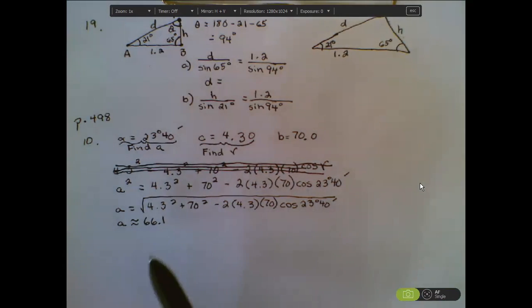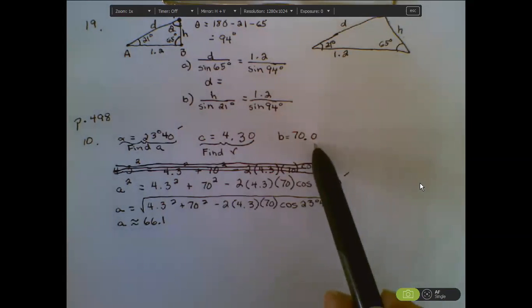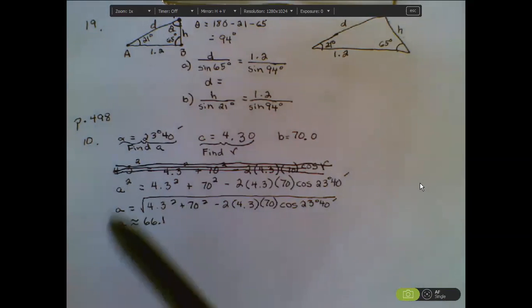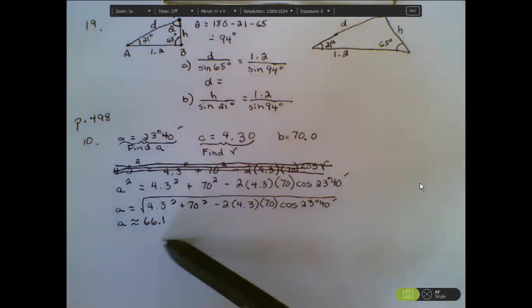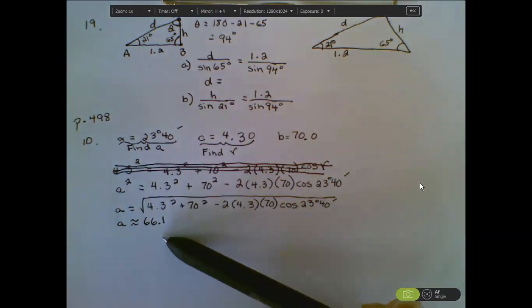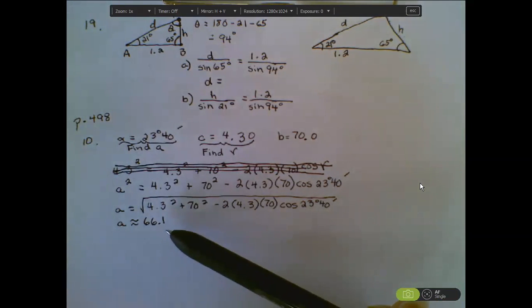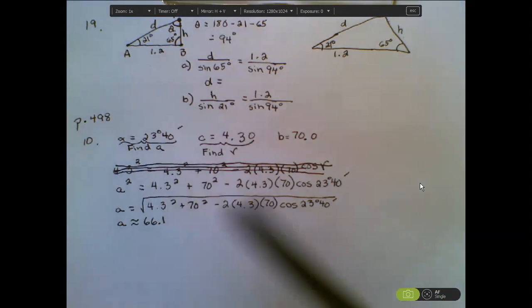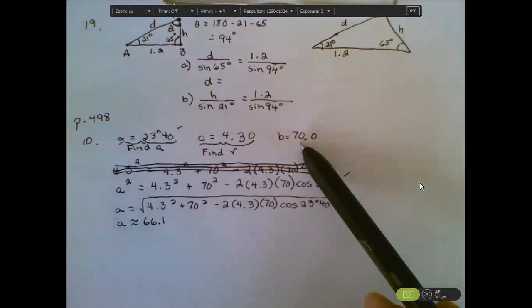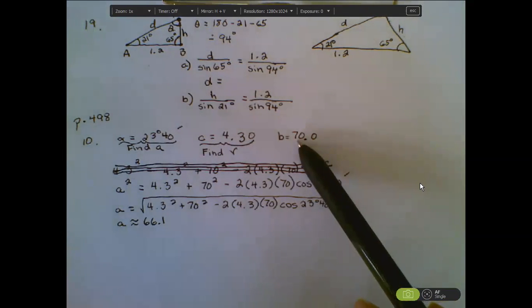But now that we know all three sides, 4.3, 66, and 70, we have A and alpha, we can use the law of sines. If I use the law of sines to find beta first, then I could get that ambiguous case.